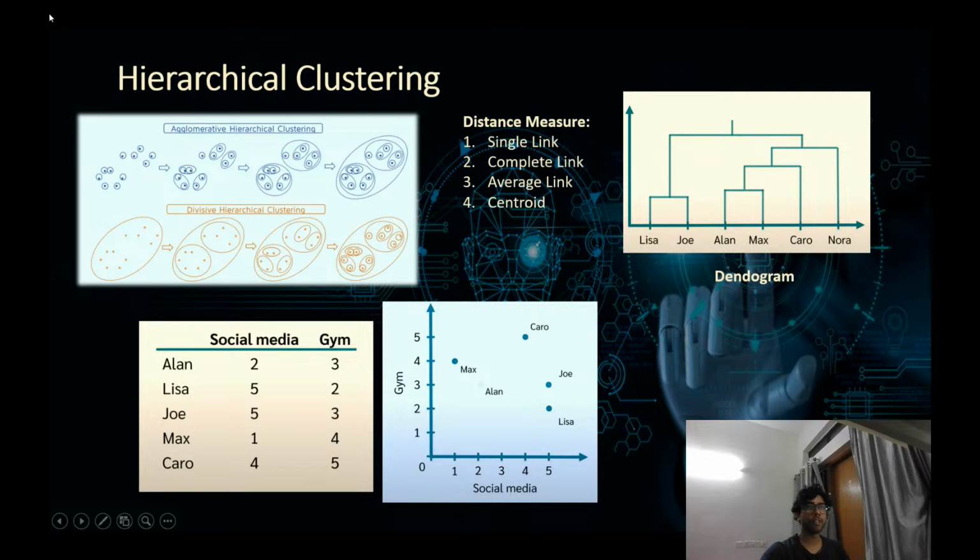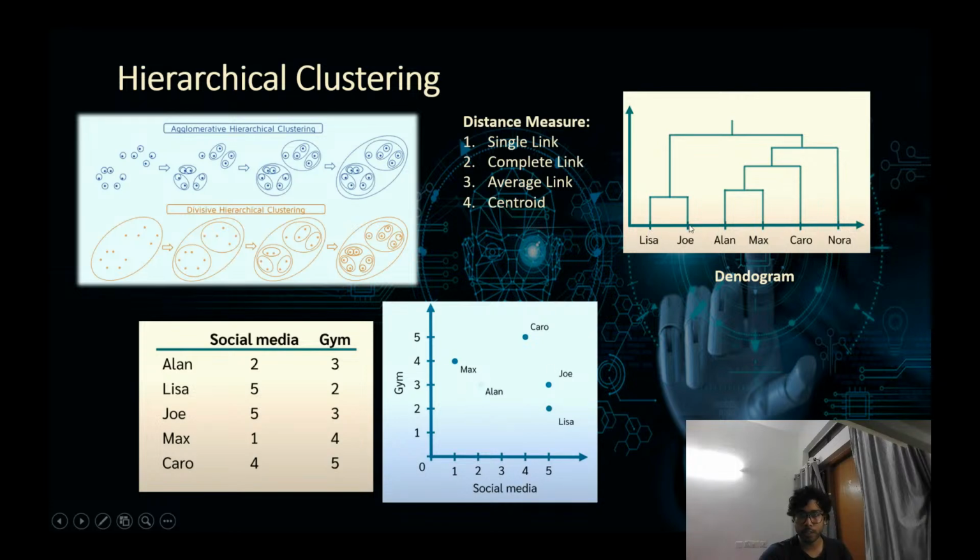So if you see over here on the right side is a dendrogram picture. So this is a pictorial representation of how this hierarchical clustering works. So as we saw, first we clustered Lisa and Joe together, then we clustered Max and Alan together.